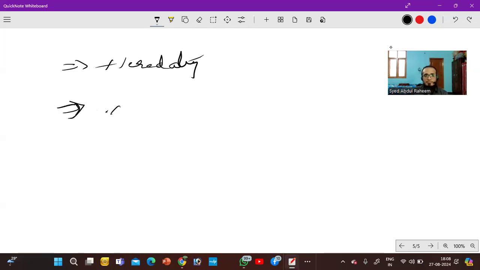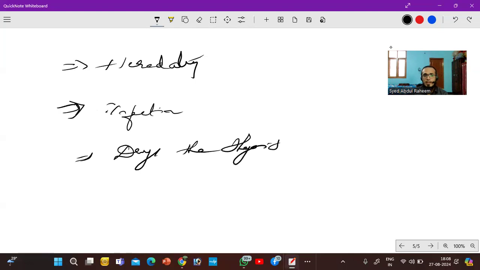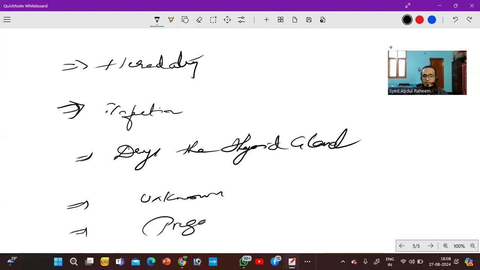Okay. And second is any infection which causes hypothyroidism. And another is using drugs which affect the thyroid gland. Sometimes there is an unknown reason also which can cause hypothyroidism, and mostly in pregnancy.